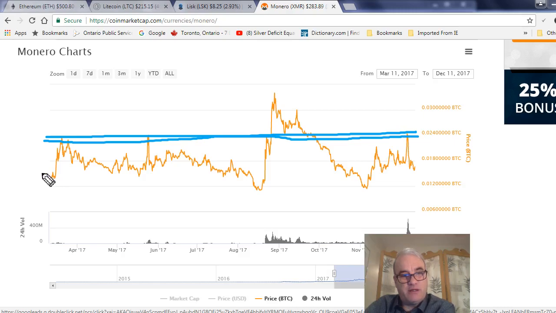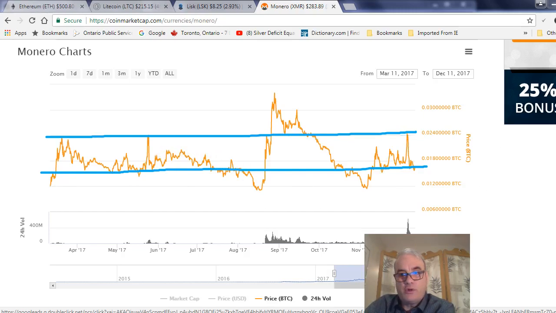And then on the bottom side, okay, so in this case we change colors here. I'm going to erase this line. Change colors and into Monero, out into Bitcoin.